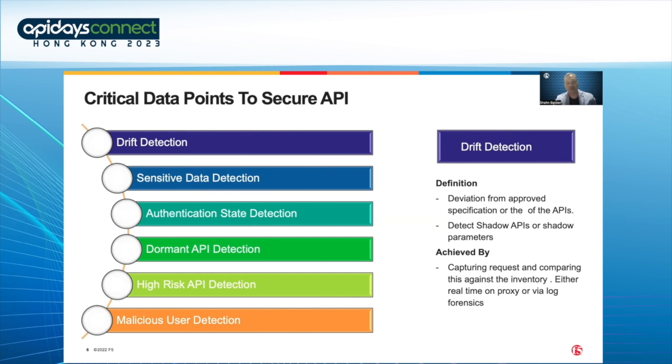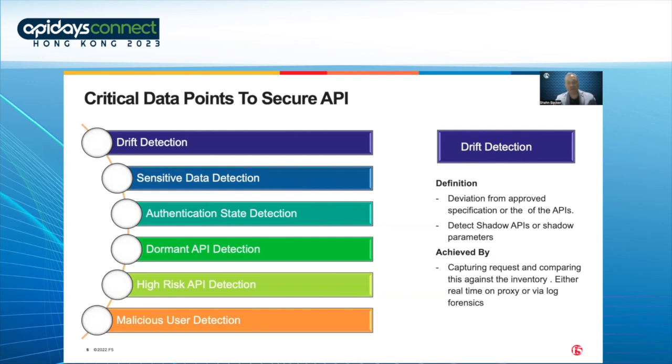Fast forward to now, when we are using RESTful APIs, the contract, which can come in the form of a Swagger definition or an OpenAPI specification file, seems to be more of an afterthought, which means that deviation is possible between what is available for the client to call versus what is actually on the server. So it is very important to catch this drift. So how do we capture this drift? First and foremost, we need an inventory.